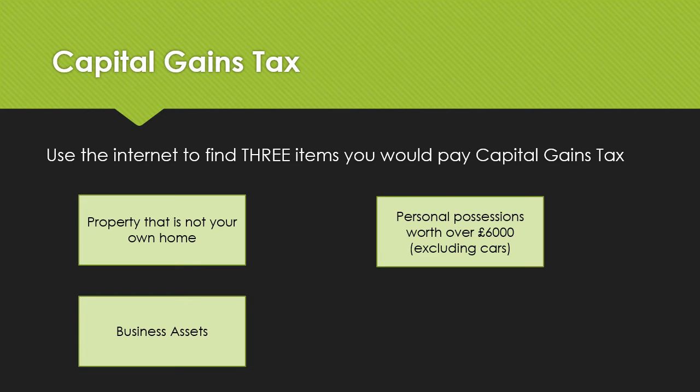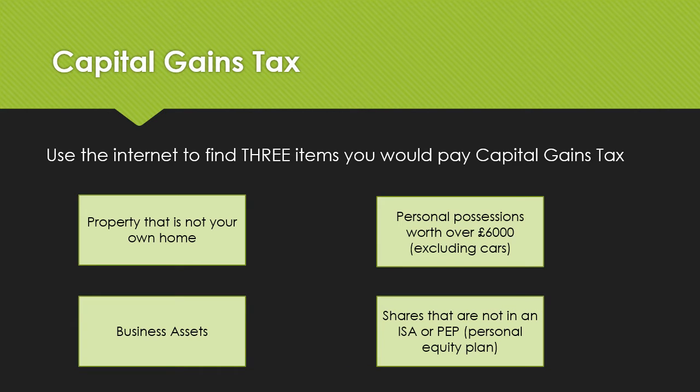Business assets, so if you are running a business and sell that asset, then you will have to pay tax on that. Shares that are not in an ISA or a personal equity plan will be subject to capital gains tax if you've made a big profit on them as well. And remember, we talked about ISAs a few weeks ago and before Christmas.